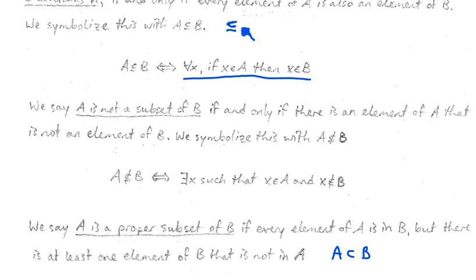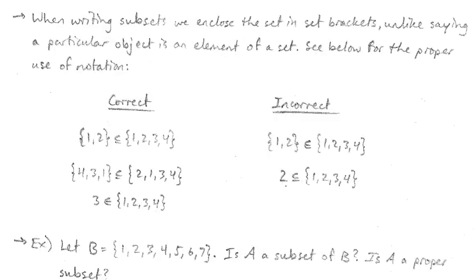We have that same lowercase c, but we don't put that horizontal line underneath it. So if you don't see that horizontal line, then you know that it's a proper subset. If you do see that horizontal line there, then these sets could be the same thing.